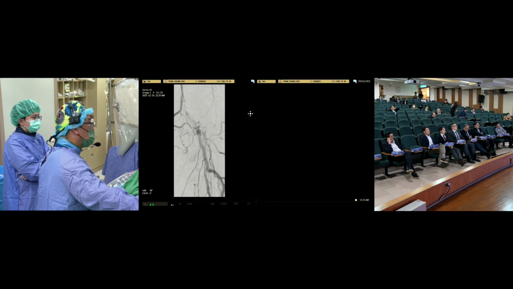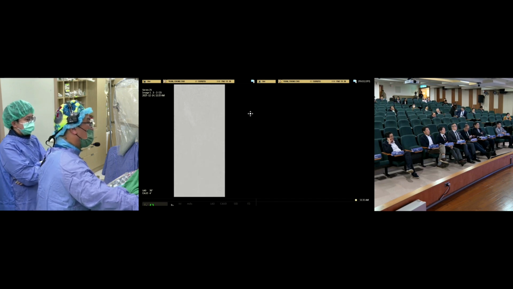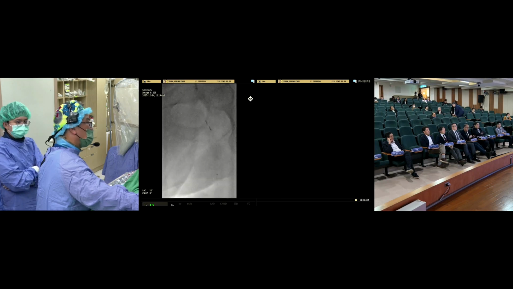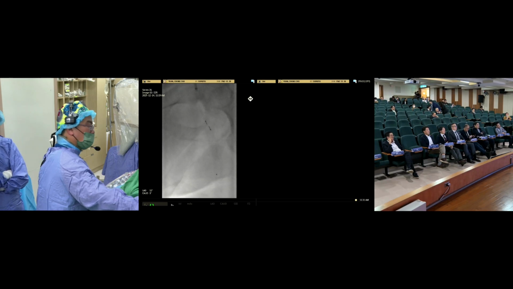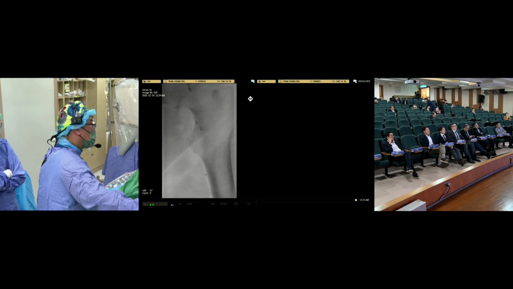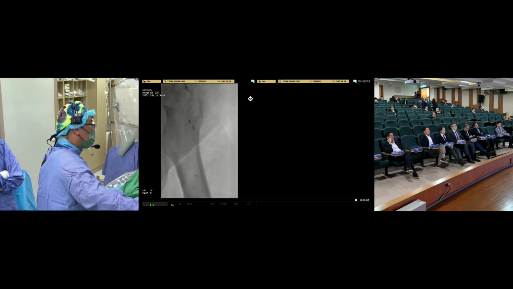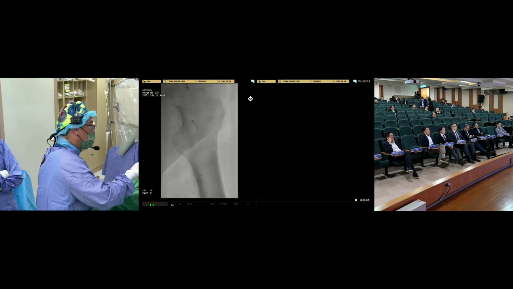So we changed again and did a retro puncture again with Astato 40. Then we checked a different angle.